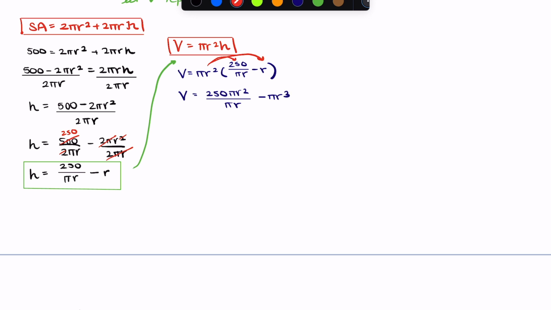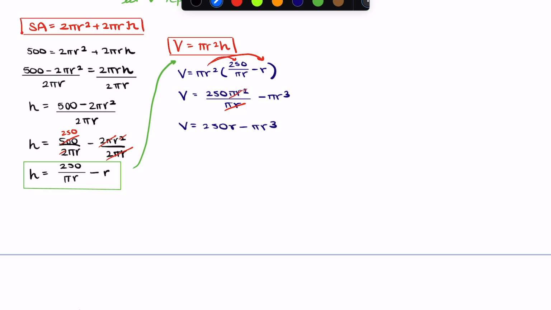Here we can simplify pi r, and so we'll be left with volume is equal to 250 r minus pi r cubed.